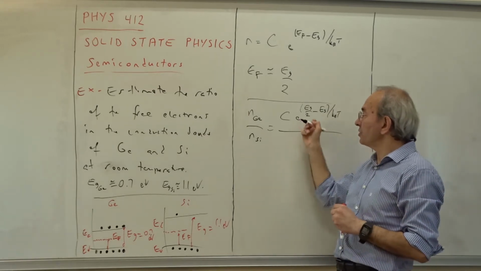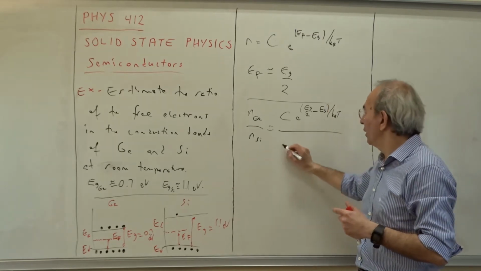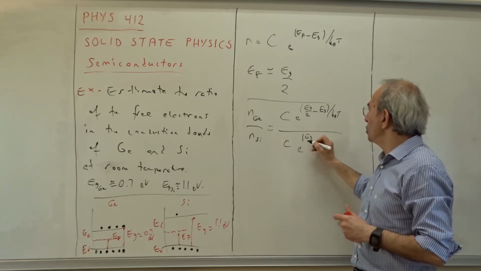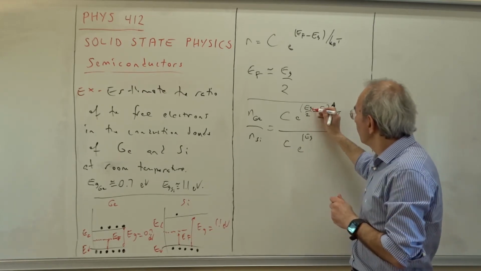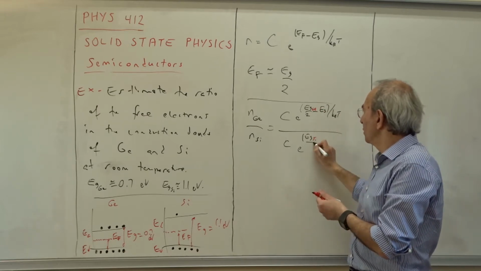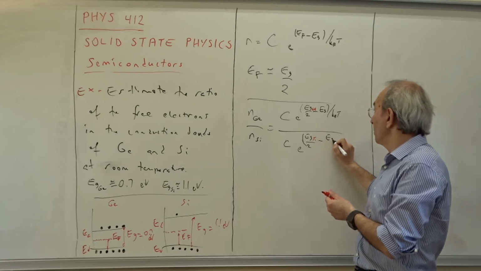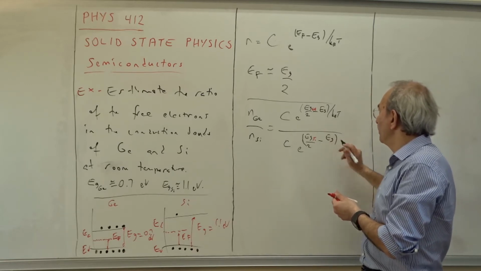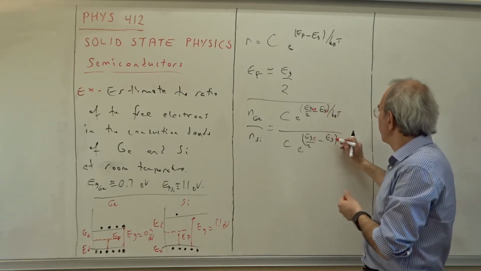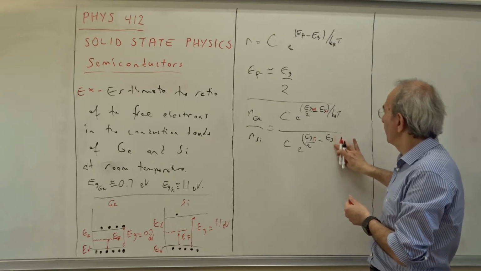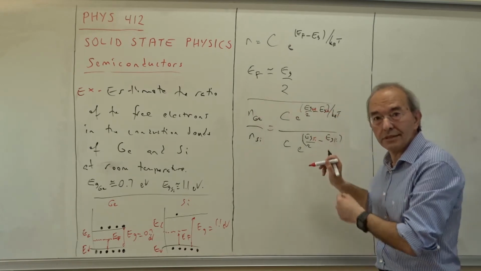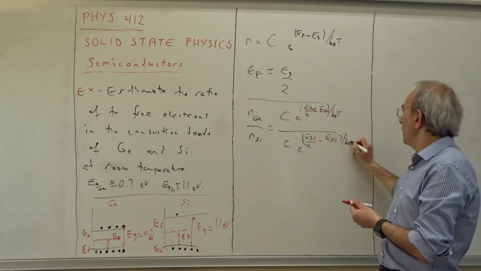What is this expression for silicon? The same thing, with the same constant, which will cancel. It is e to the power with EG for germanium in one case, and EG for silicon in the other: EG silicon divided by 2 minus EG silicon, divided by KBT.